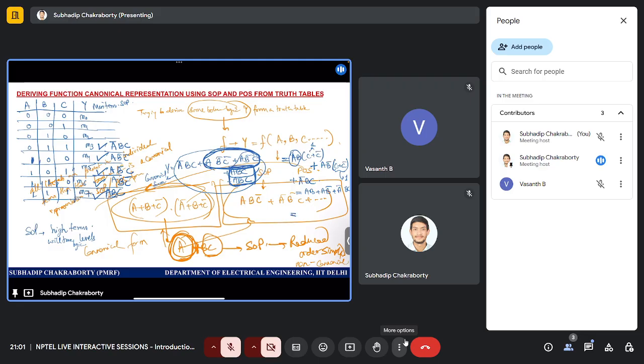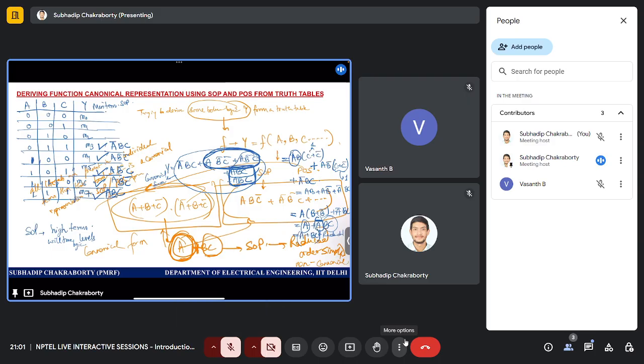Then further you can take A common and write B plus B bar plus A bar BC, which will give you A plus A bar BC. Now using the law of redundant literals, I told you A plus A bar times some term, you can take this variable as redundant. It will become A plus BC.